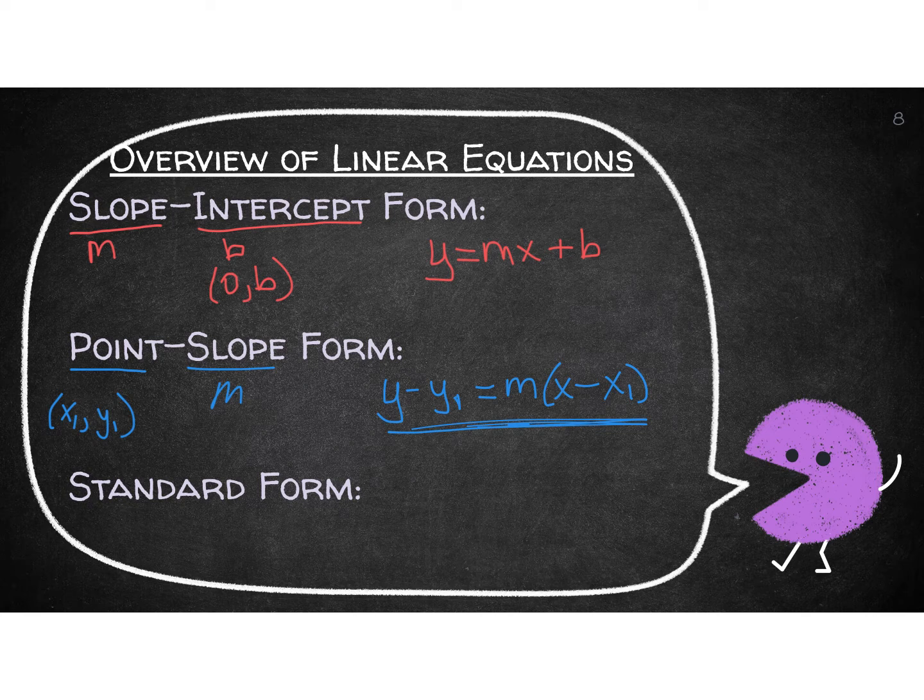And standard form is where we have ax plus by equals c. Key parts about this is a, b, and c are whole constant numbers. x and y are on the same side of the equal sign.